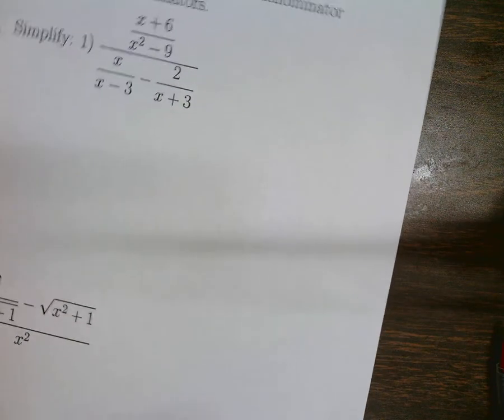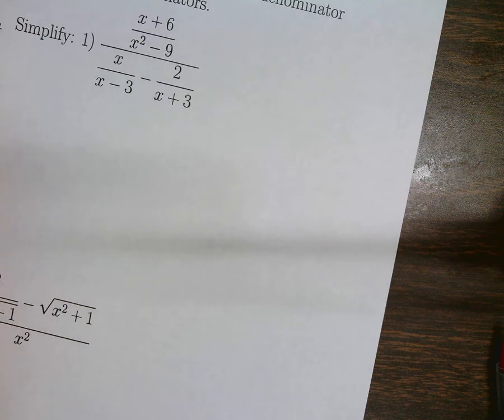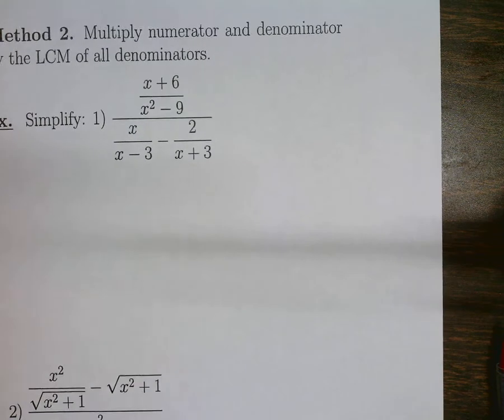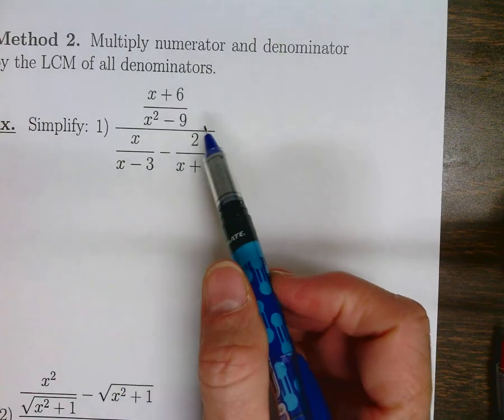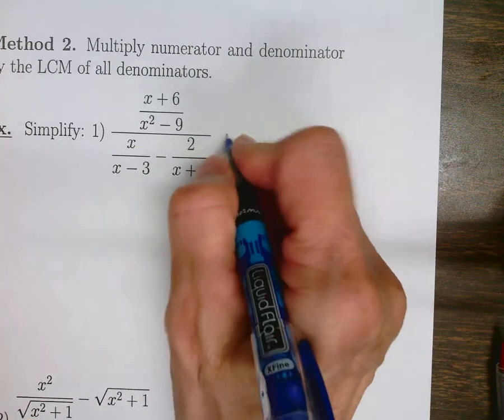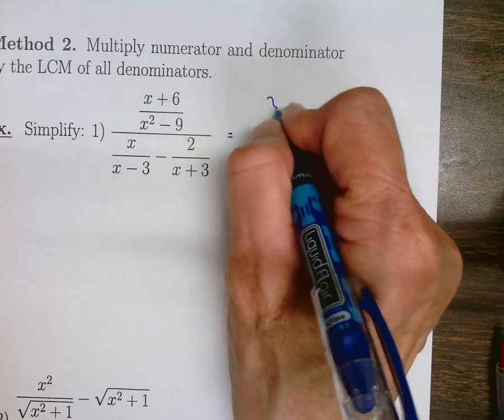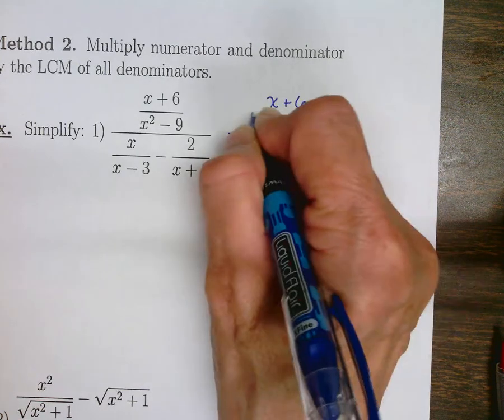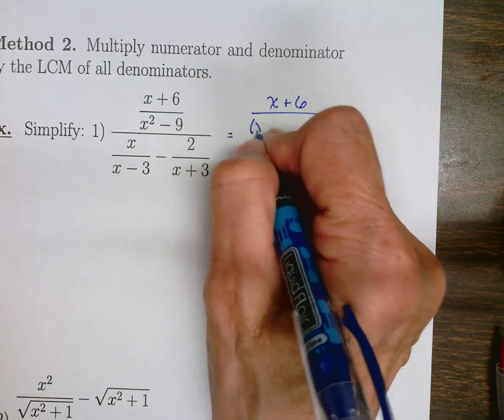There's another method that works very nicely and sometimes is actually easier to see. It's easier to work through, and that is to start with the original fractions and find the least common multiple of every denominator.